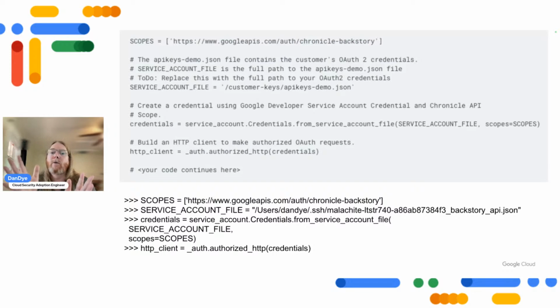Following along with the reference documentation sample code, we now see the definition of the two global variables, scopes and service account file. And it might seem weird to hard code those things, but the documentation is following a common pattern with Python development here.